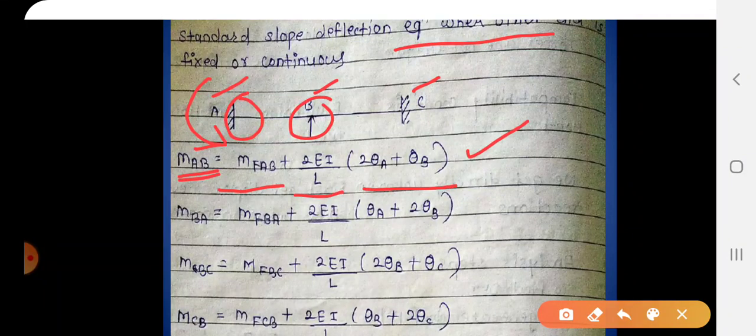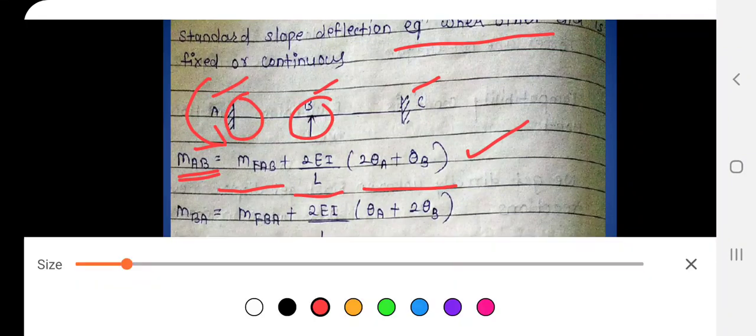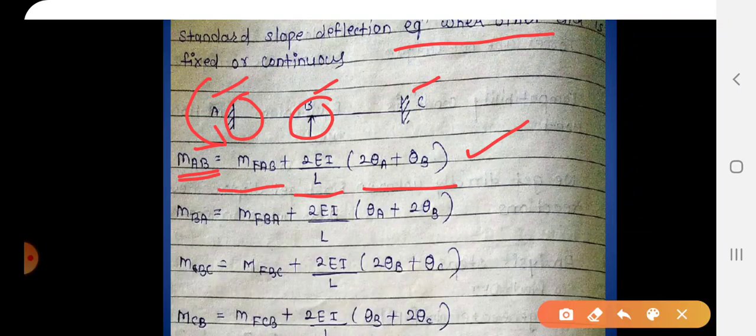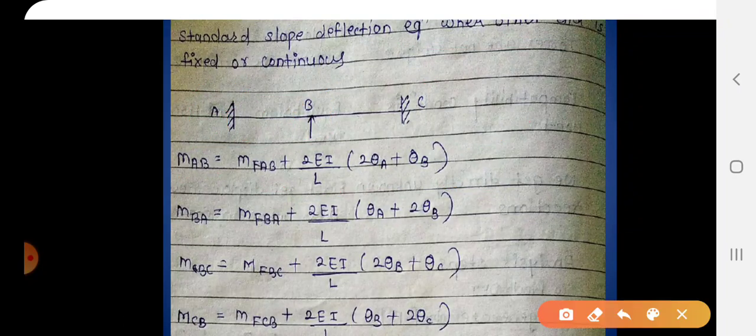Then MBA. For MBA, what is the support condition? B is the near end, A is the far end, B is an intermediate support, and A is a fixed support. Then the equation will be MFBA plus 2 EI by L into theta A plus 2 theta B.